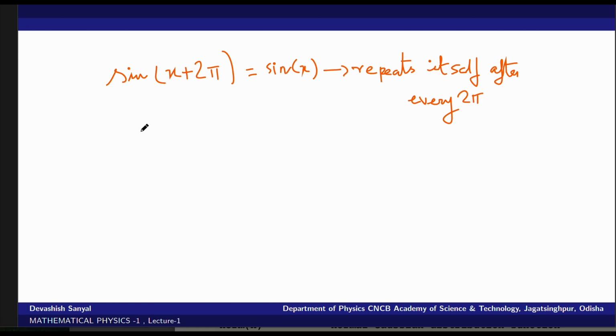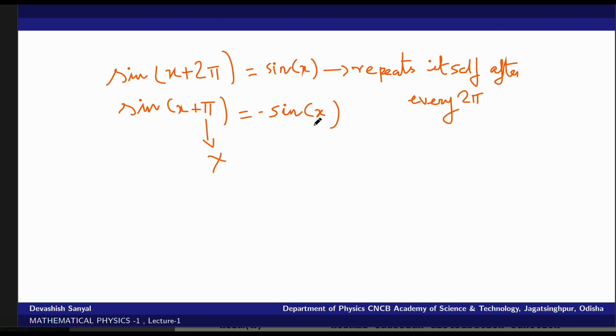Its periodicity is not pi because sin(x plus pi) is minus sin x. So this is not the periodicity.